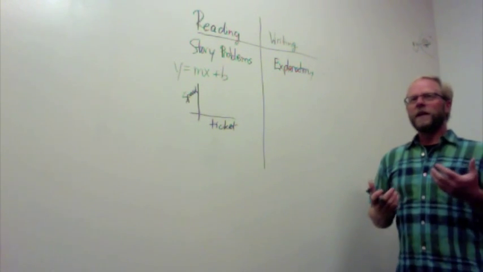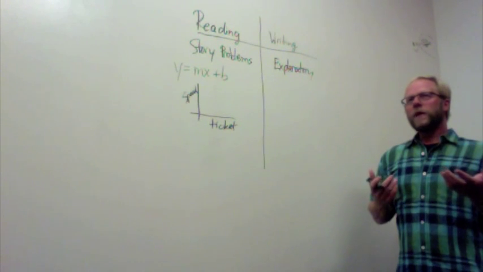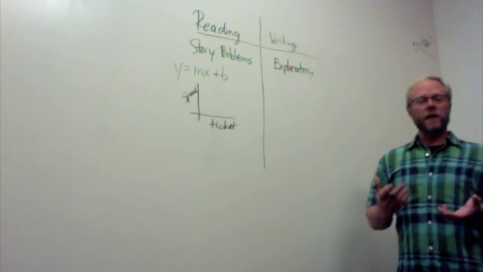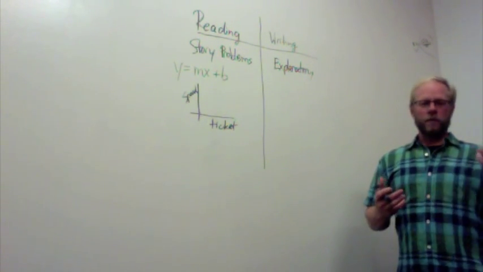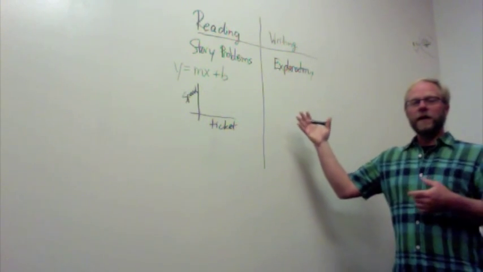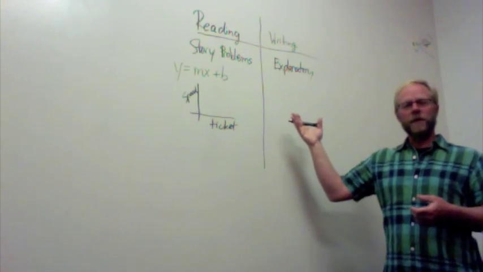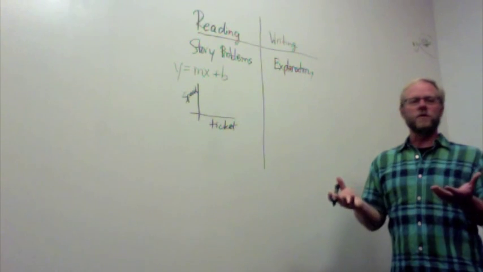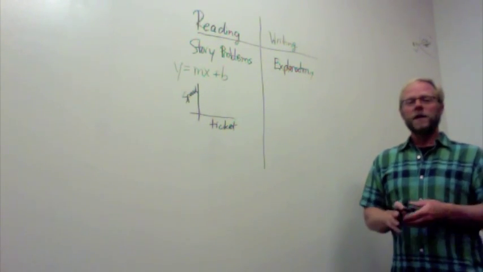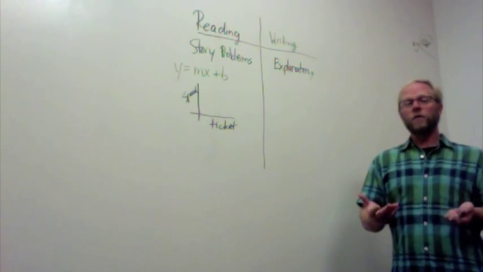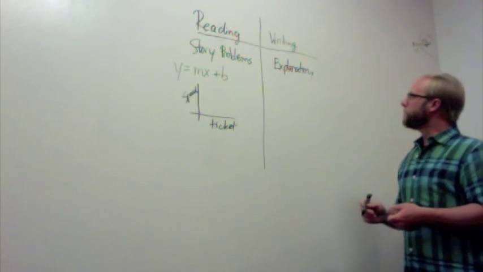So the way that you're asking students to demonstrate what they understand, whether it's verbally or in writing, is something to really think about, because some of your students may need some different supports in order to show you what they really understand.